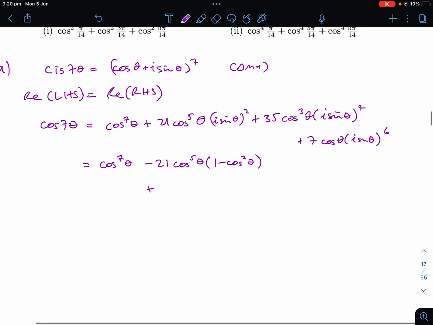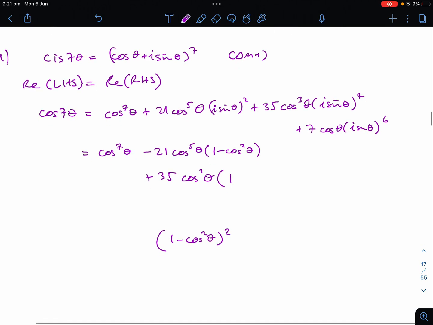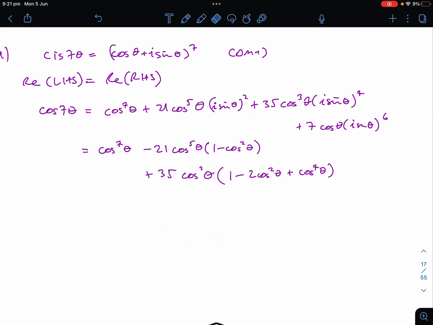I'm going to move to the next line, plus 35 cos cubed theta, and here i to the 4th is positive 1, but then sine to the 4th is (1 minus cos squared theta) squared, so I'm going to expand that as 1 minus 2 cos squared theta plus cos to the 4th of theta, and then plus 7, so that's minus 7 because i to the 6th will give you minus 1.